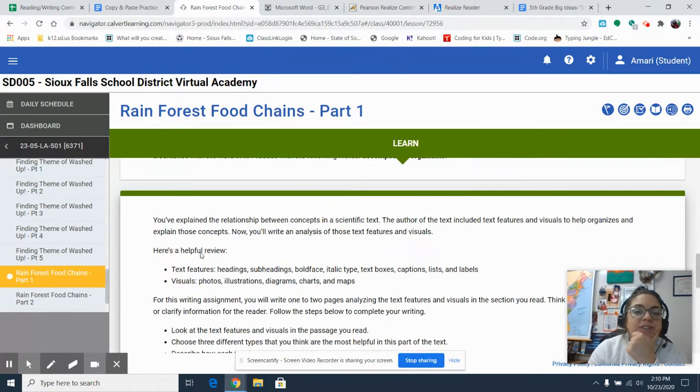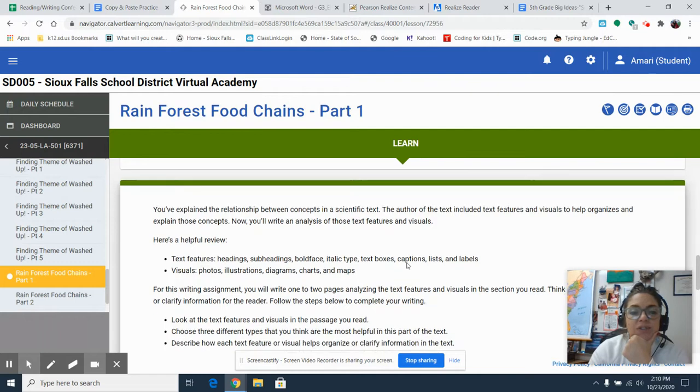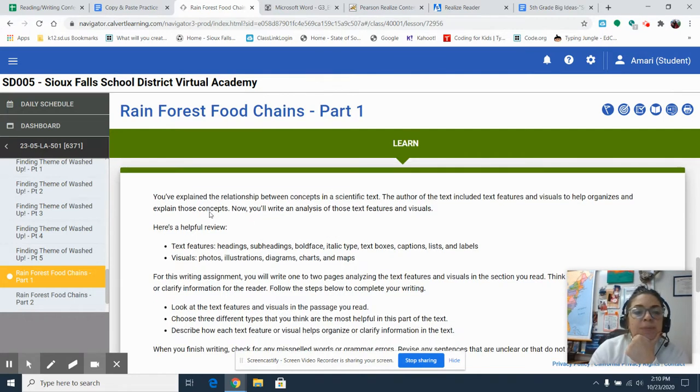The next section says you've explained the relationship between concepts in scientific texts. The author of the text includes text features and pictures, which are visuals, to help organize and explain the concepts. And now you're supposed to write an analysis of those text features. So here's a review. It gives a list of different text features: headings, subheadings, boldface, italic type, text boxes, captions, lists, and labels.